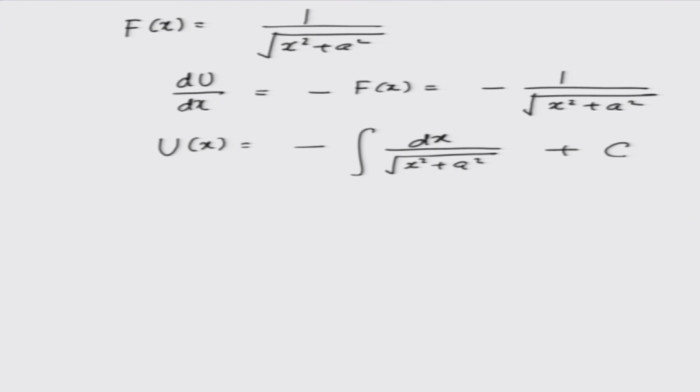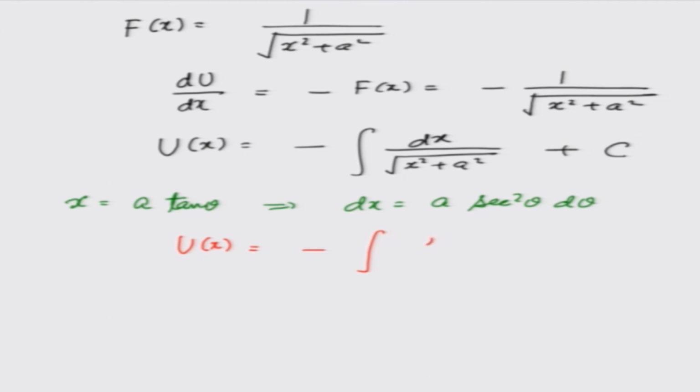To integrate this function, I take x equals a tangent of theta, which gives me dx equals a secant square theta d theta, and therefore, I get Ux equal to minus the integral of a secant square theta d theta divided by a secant theta plus some constant.